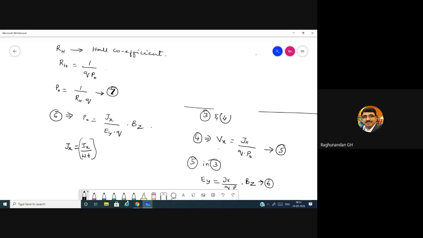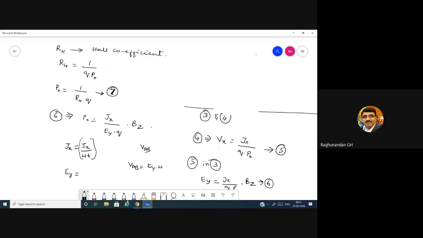This is one. Now coming to Ey. What is this Ey? Just go back to the figure. It is the electric field in the y direction. For this electric field in the y direction, we have obtained a relation with VAB: VAB equals Ey into W. Very good.